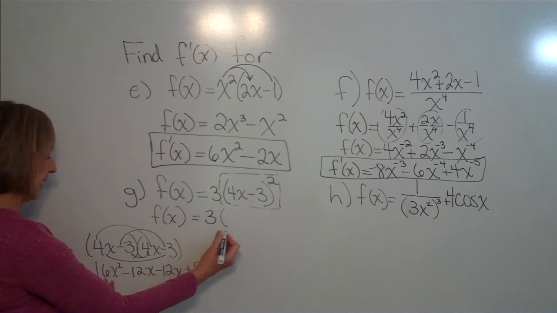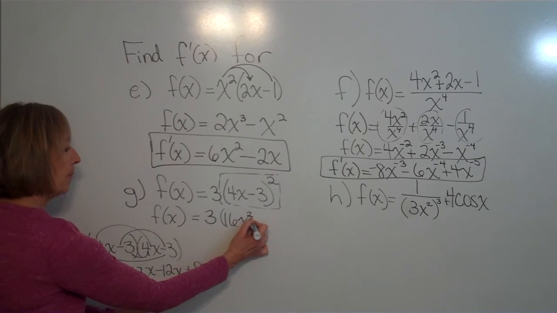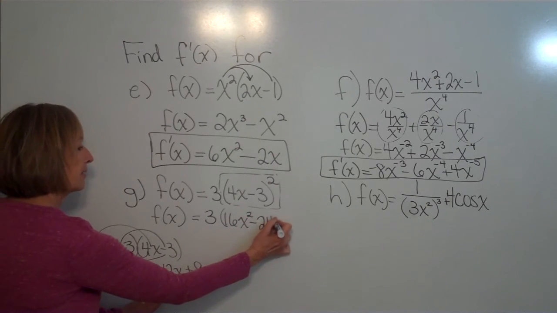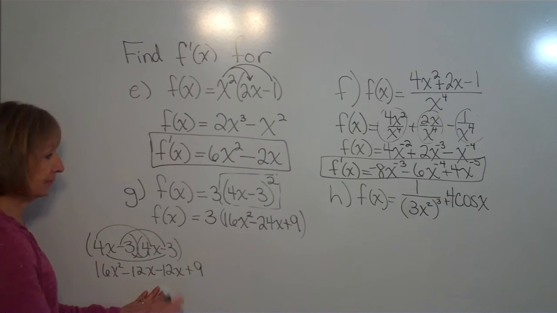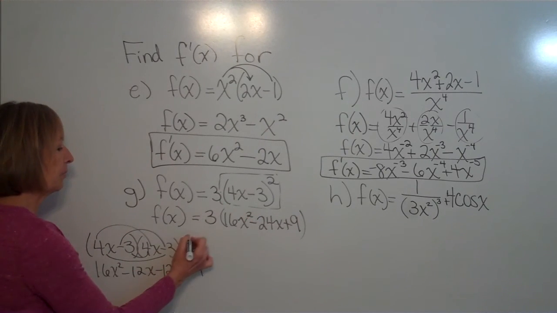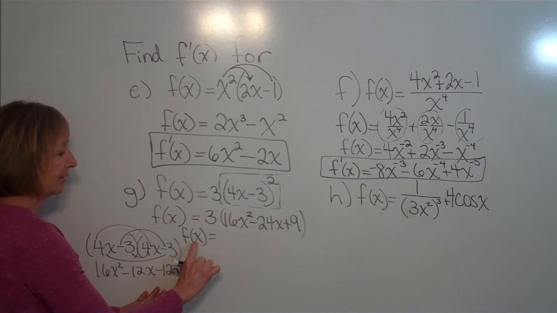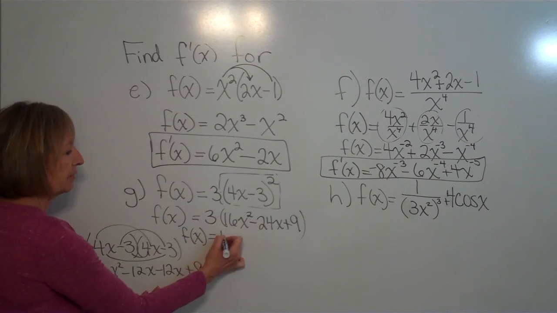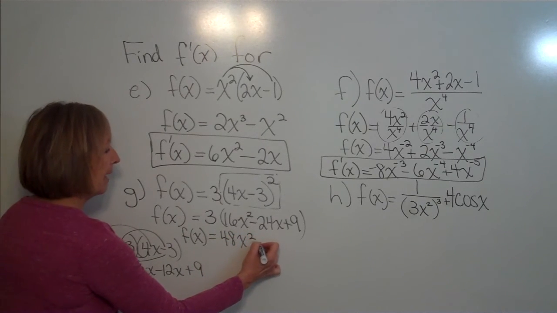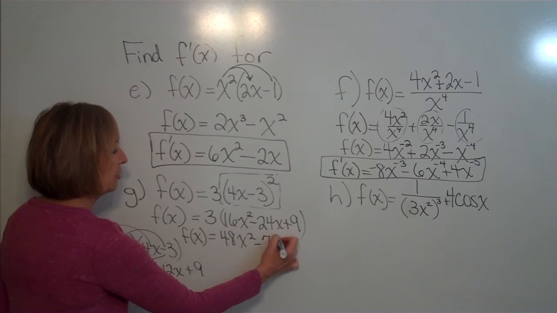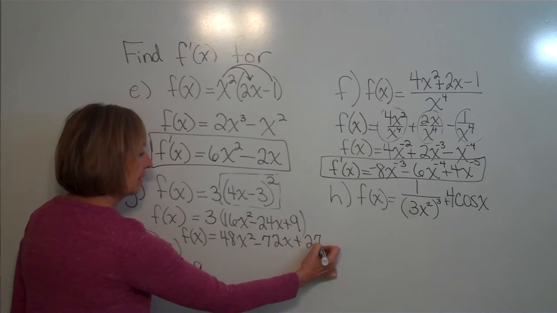So this multiplication is 16x squared minus 24x, and then plus 9. Still need to multiply through with the 3, so I'm still rewriting. I'm not differentiating yet. So f of x is 48x squared minus 72x, and then plus 27.